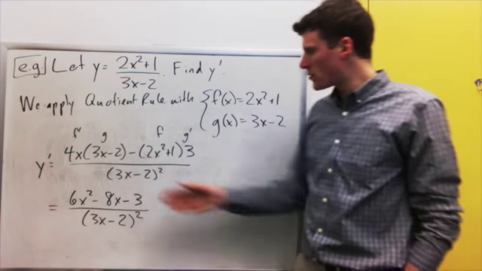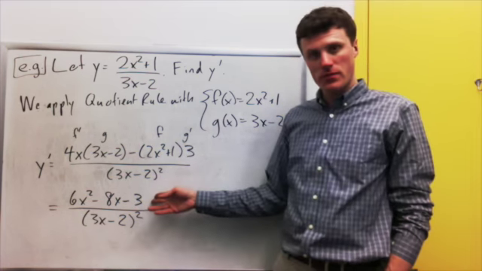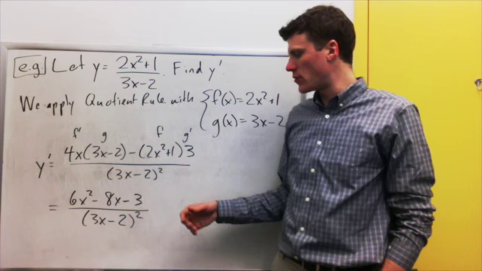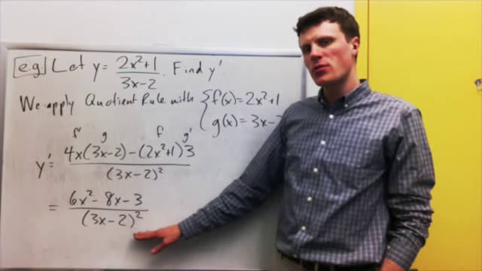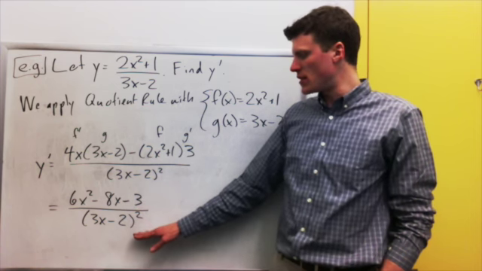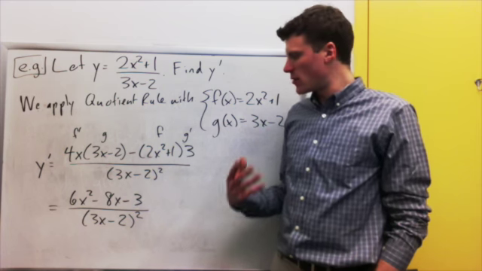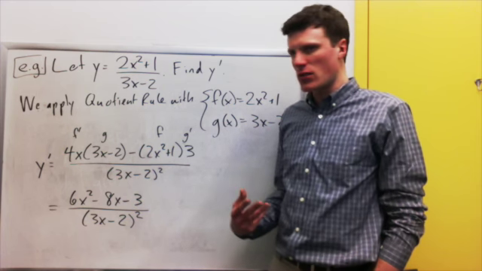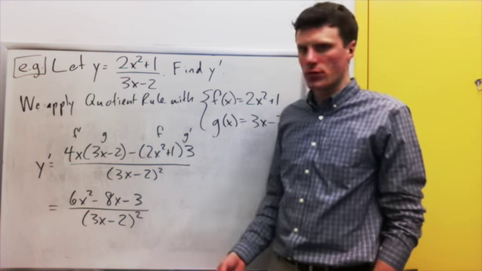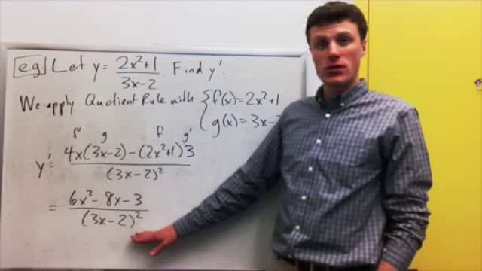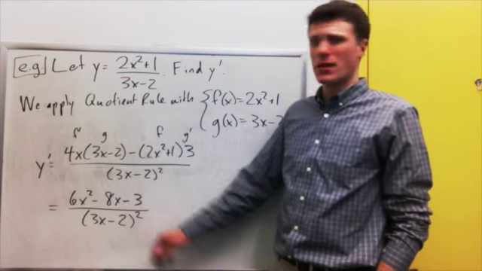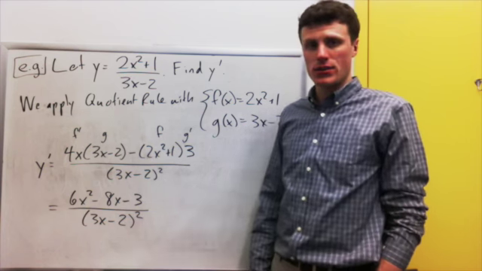I've taken the liberty of just going ahead and doing the algebra. You can do the simplification yourself. Oftentimes, we really like to leave the denominator factored like this, though. It just makes things a little bit easier if we continue to take more and more derivatives. So if you wanted to, you could multiply it out, but I'm going to leave it like this.